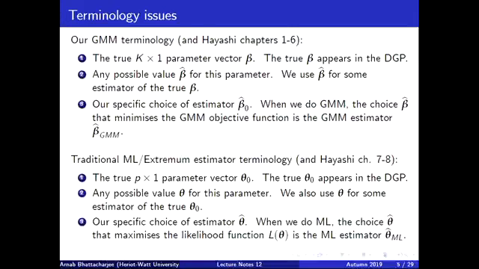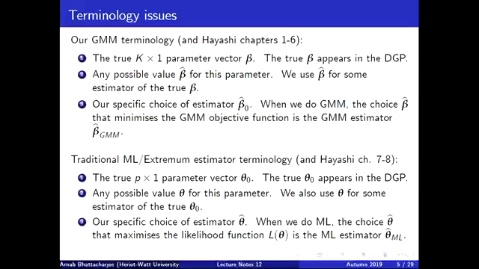GMM terminology, there are terminology issues, so our Hayashi chapters 1 to 6, loosely we are following that. Our parameter vector is beta. The true beta appears in the data generating process, in the model that we have written down. Beta hat is an estimator, any estimator.